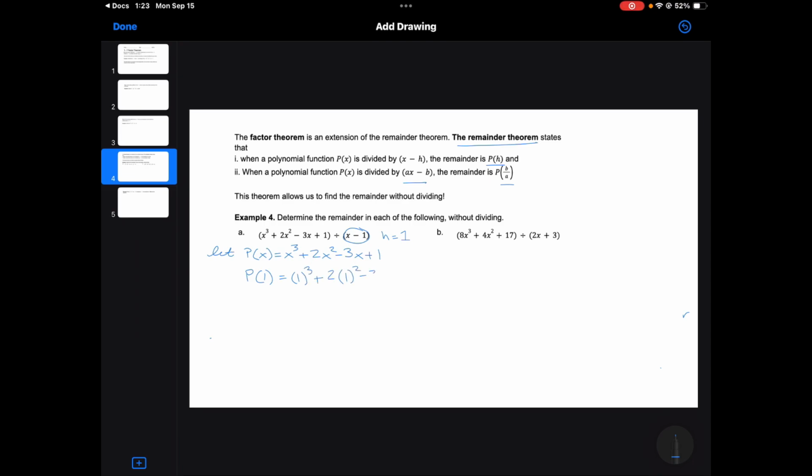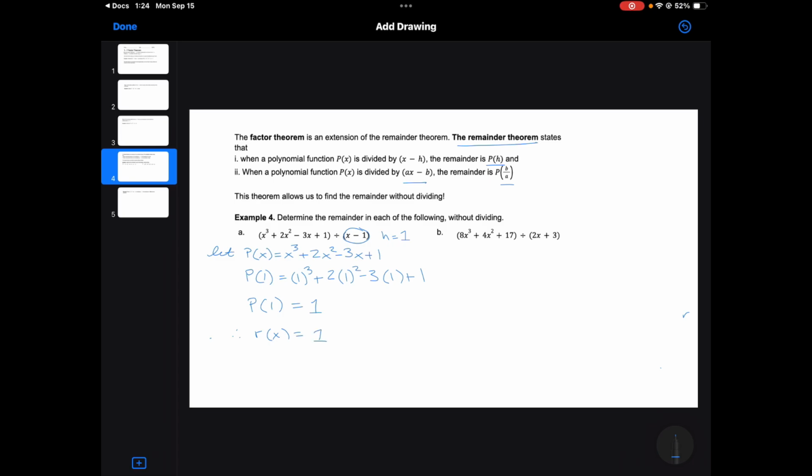When I do that, I need to make sure I put in a 1 everywhere I see an x, and then I can evaluate that. This one is simple enough to do in one step using mental math. I would get positive 1. And then this is my remainder. So therefore my remainder is just 1.